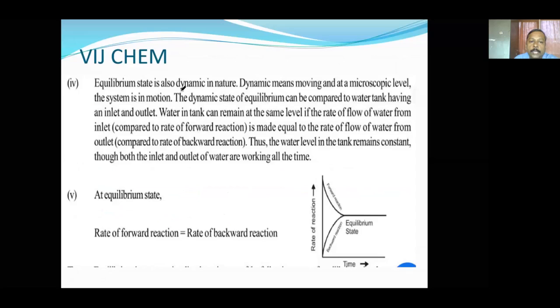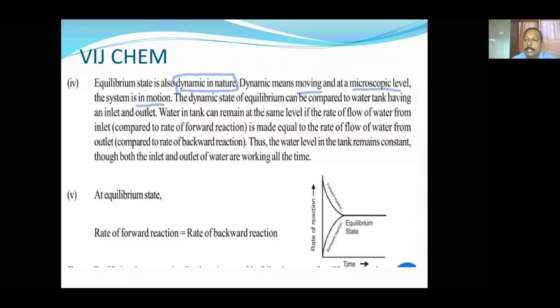Equilibrium is also dynamic in nature. Dynamic means appearing to be very calm, but internally a lot of processes are going on. When you see from outside, you will feel that the reaction has stopped, but at the microscopic level the system is in motion.